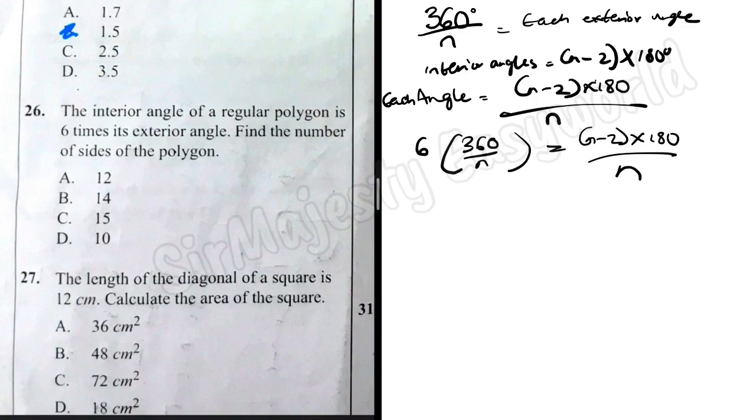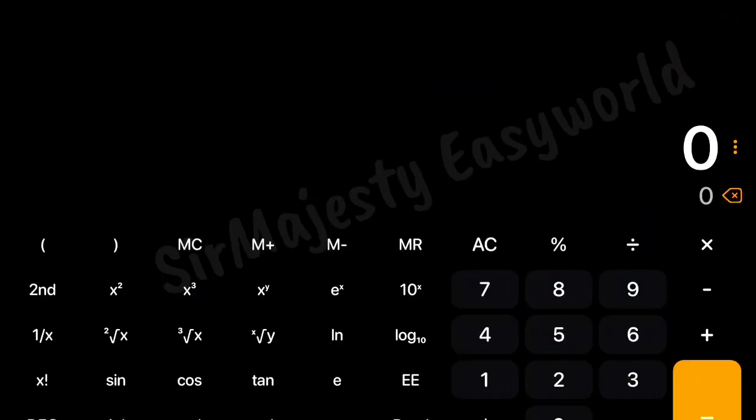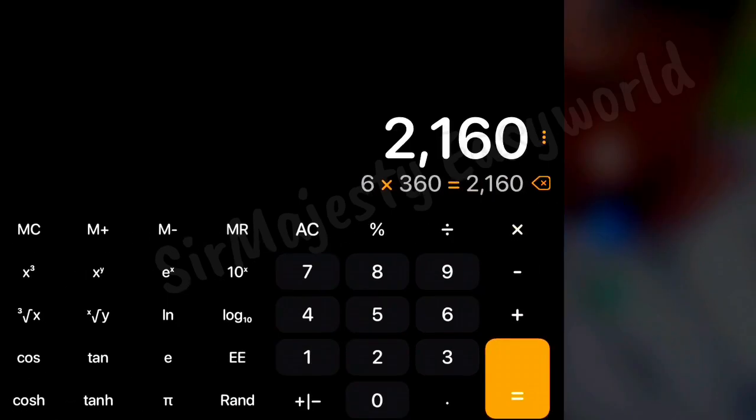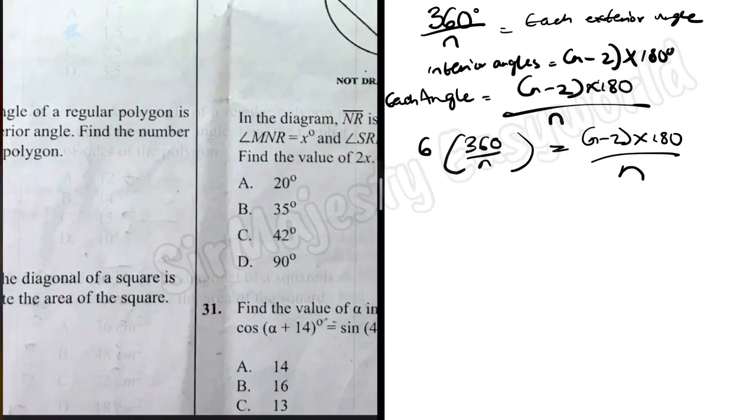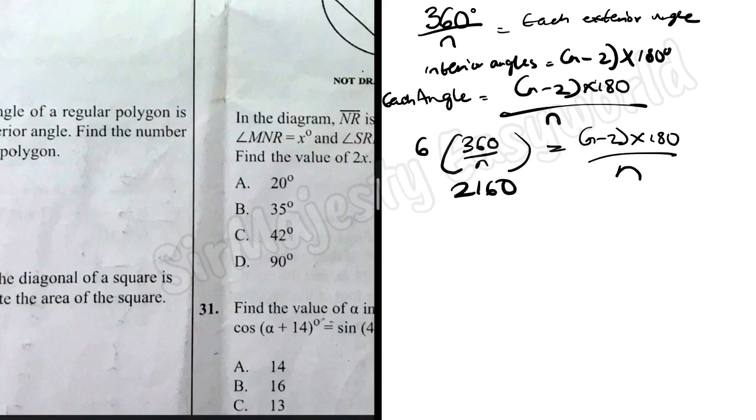So 6 times 360 is 2160, divided by n, is equal to 180n minus 360, divided by n. There's no need to cross multiply; the division by n can just go.